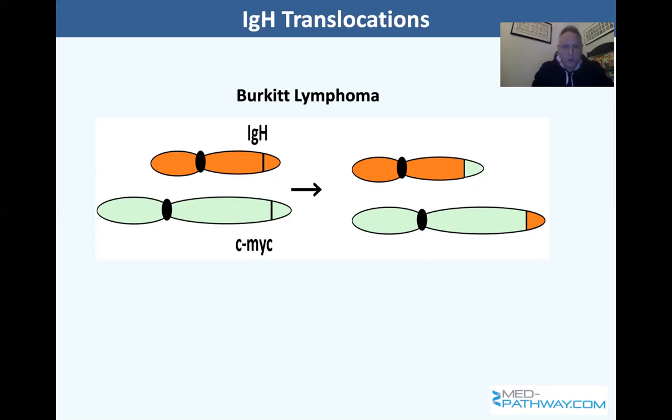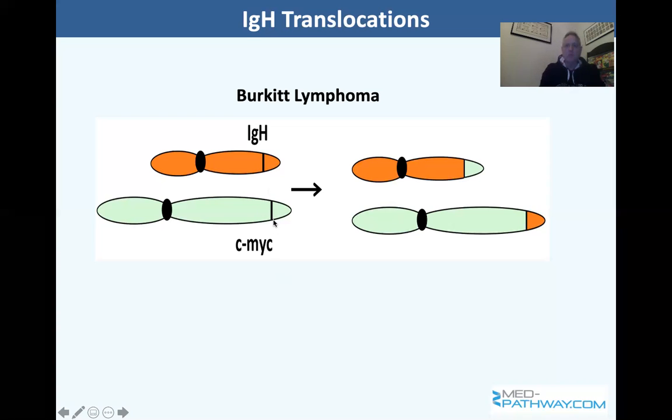And one of them is called Burkitt lymphoma. At the immunoglobulin H locus that breaks with either VDJ or class switch recombination, if it doesn't repair that break normally, then the DNA broken end can invade other chromosomes. And one of the chromosomes it notoriously invades contains the c-MYC gene.